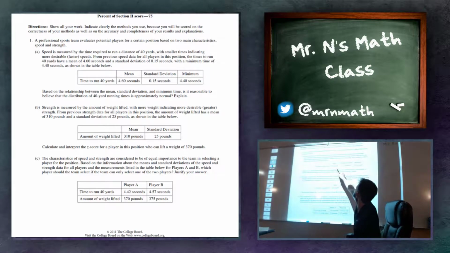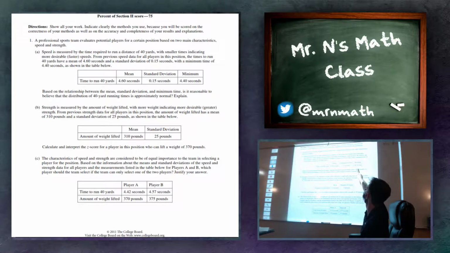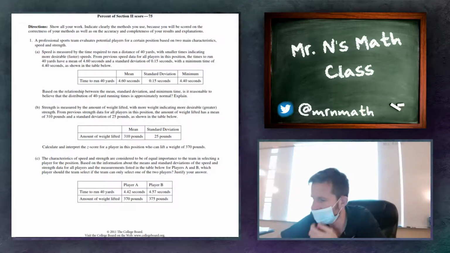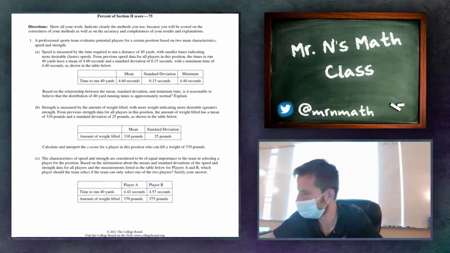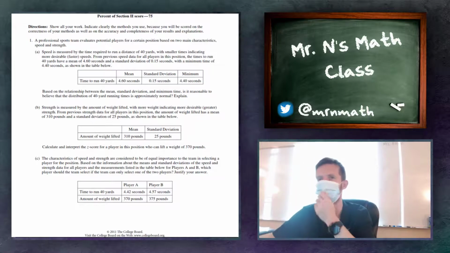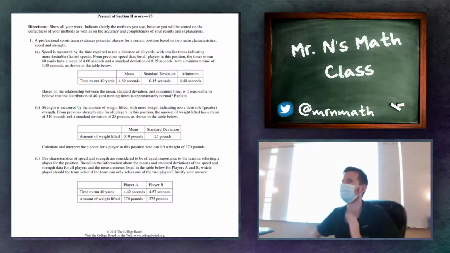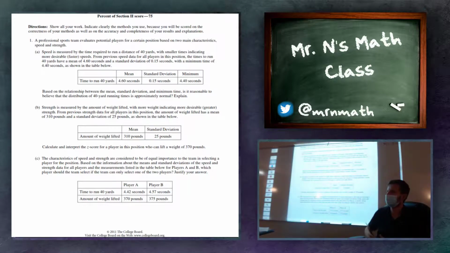Based on the relationship between mean, standard deviation and minimum time, is it reasonable to believe that the distribution of 40-yard running times is approximately normal? Explain.